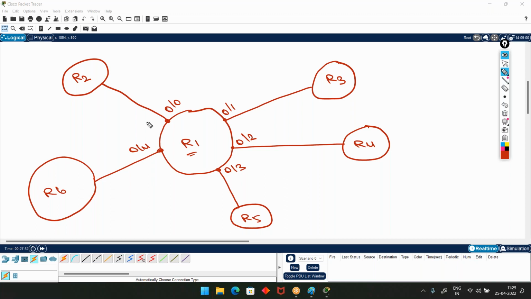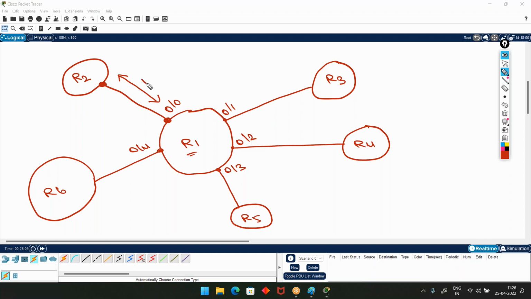Then what has happened here? Between this R1 and R2 router, you can see the DR and BDR election, between the 0/0 interface and the R2 router.